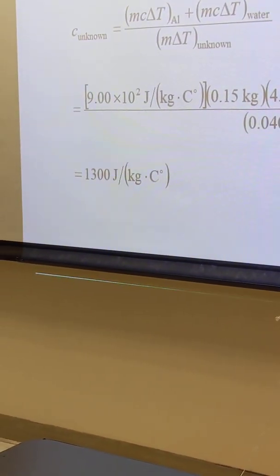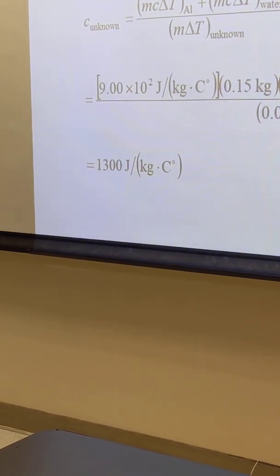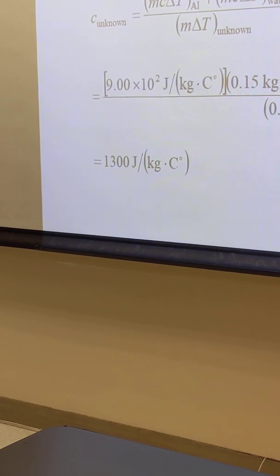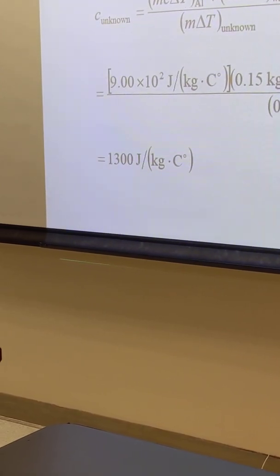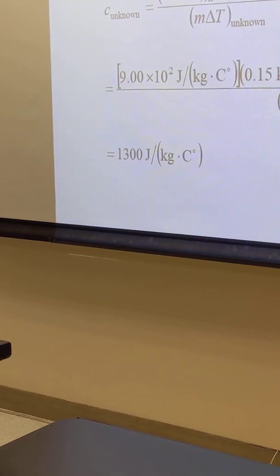So what is the unknown substance? Anyone have a chart? What do we think it is if it's 1300 joules per kilogram degree Celsius? Is there anything in there close? Not really.